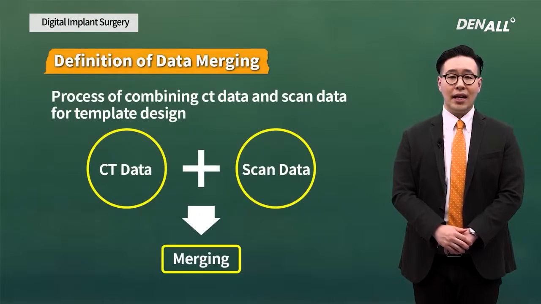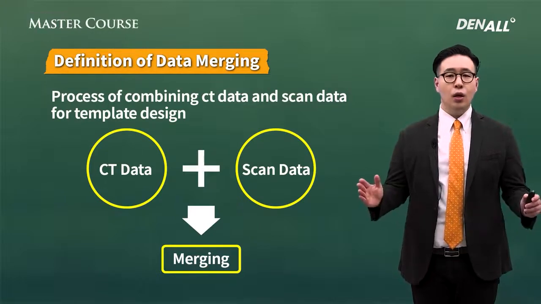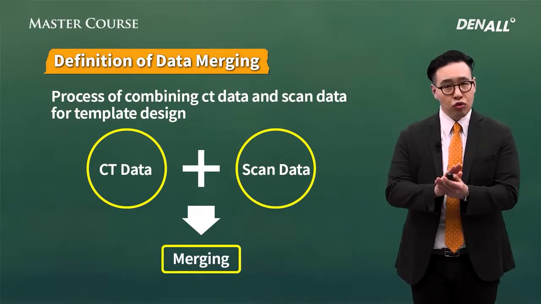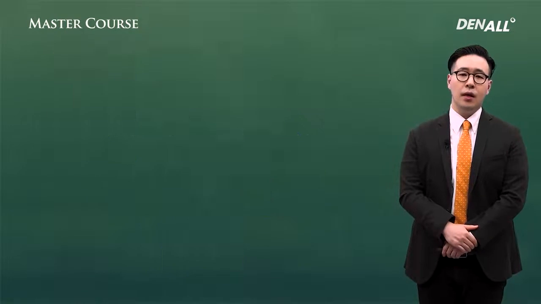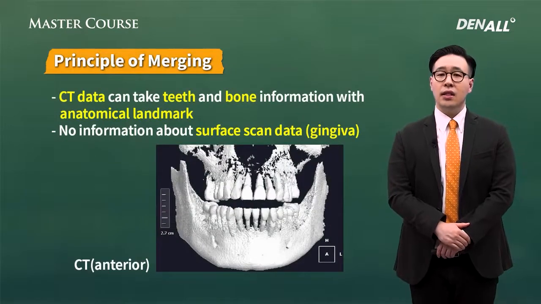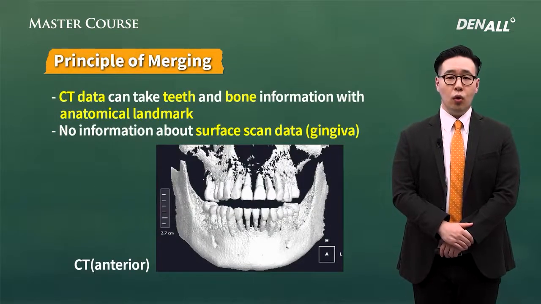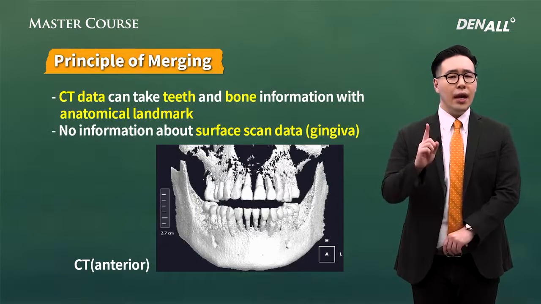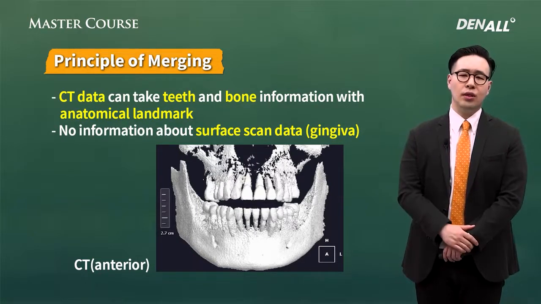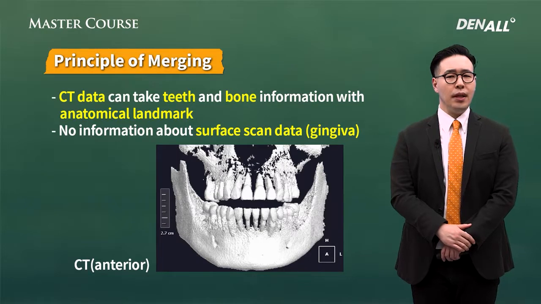Currently, guided surgery uses the merged data of CBCT and the surface scan data, after they are acquired without distortions. CBCT has information on teeth, bone surface, and important anatomic structures, but not soft tissue surface.